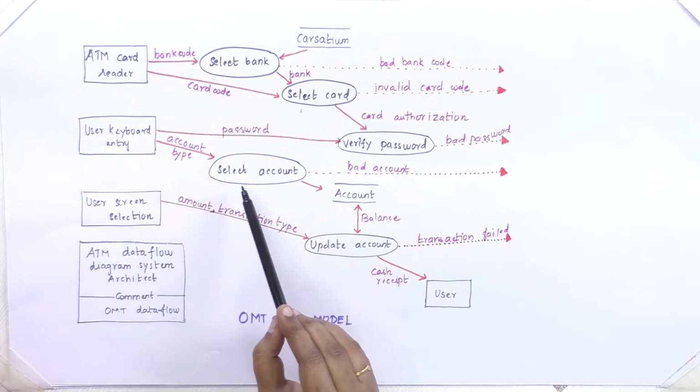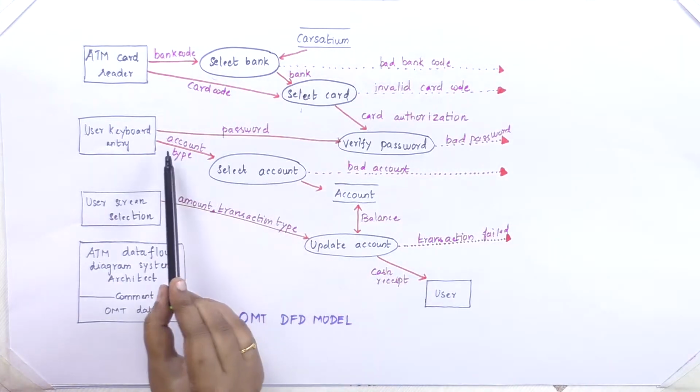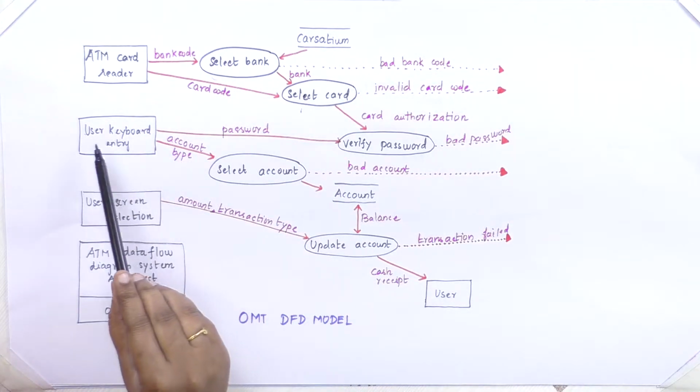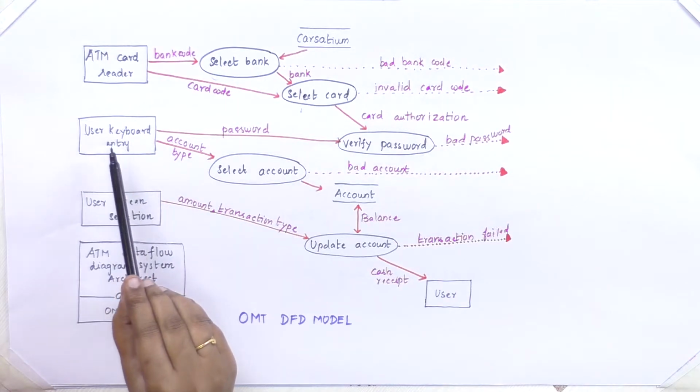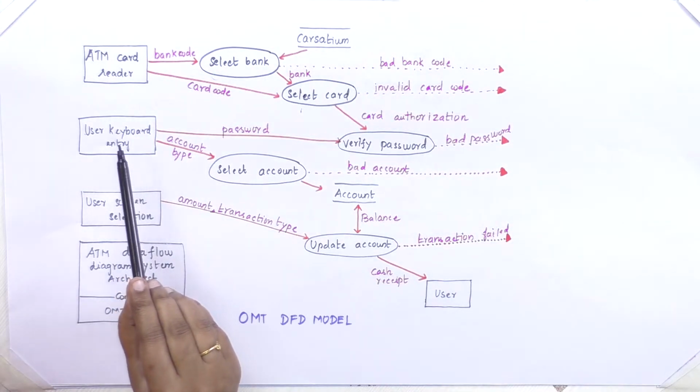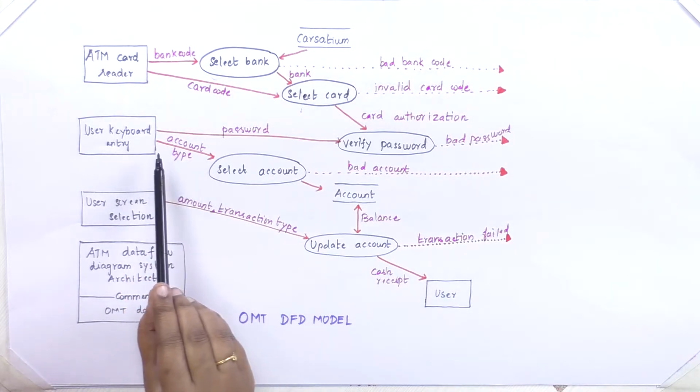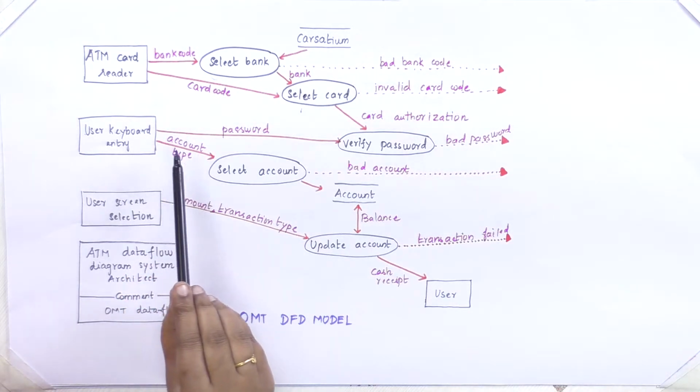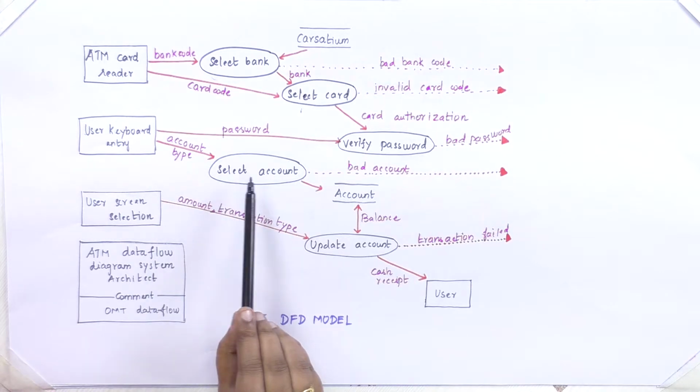The type of account you have has to be selected. For this, the account type will be entered by the user on the keyboard of the ATM card reader.